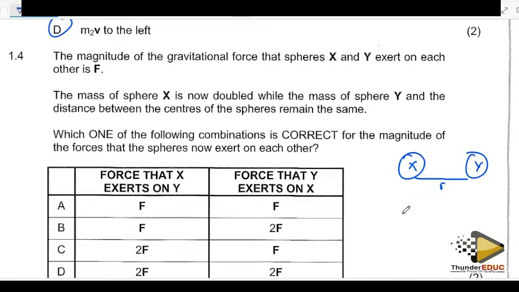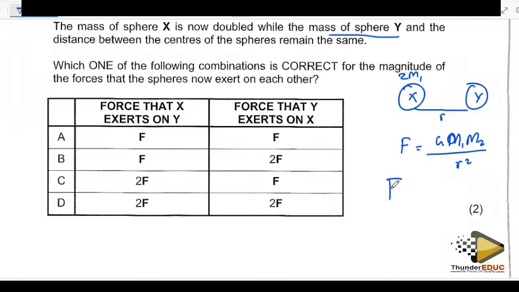We know that the force is directly proportional to the product of the masses and inversely proportional to the square of the distance apart. Now the mass of X is doubled, so instead of M1 we're going to have twice M1. They're telling us the mass of Y and the distance remain the same.